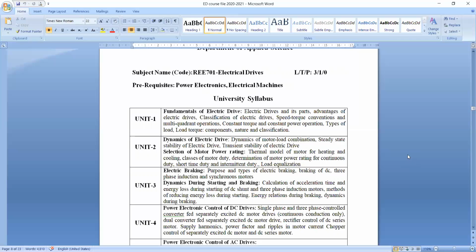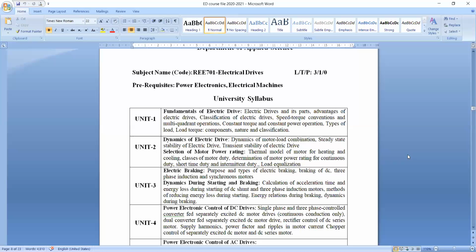In unit 2 we will be learning about the dynamics of electrical drives, means the dynamics of motor load combination, how the motor load combination behaves, and about the steady state and transient stability of electrical drive.